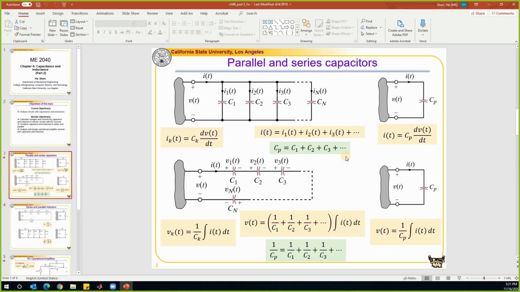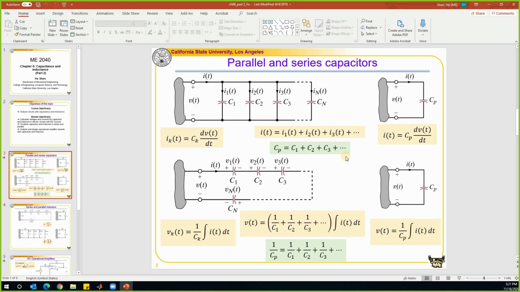You can also see this result from the physical meaning. Physically, we know that one capacitor is made of two plates facing each other, and normally in between that's filled with a dielectric material. Think of if we have another capacitor in parallel. We just add another capacitor over here, and it's the same thing as extending the surface area.